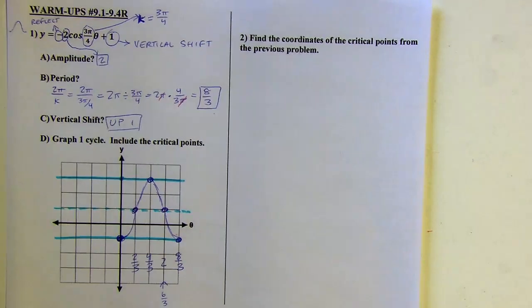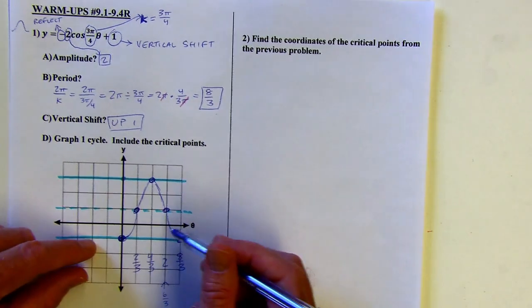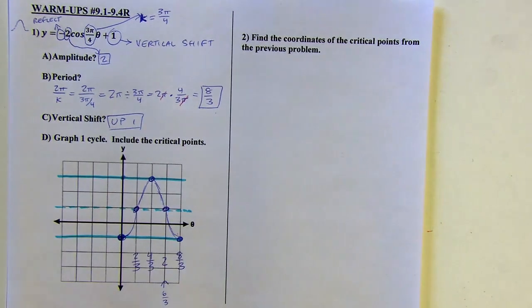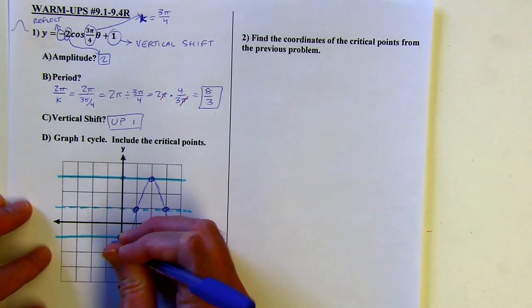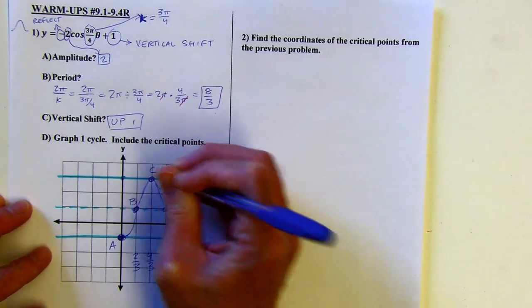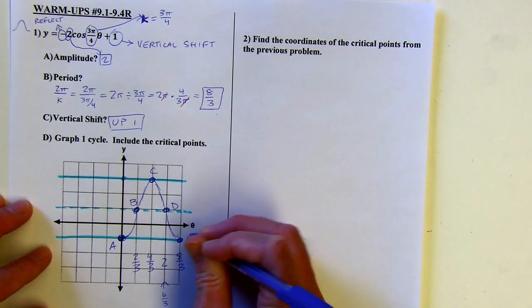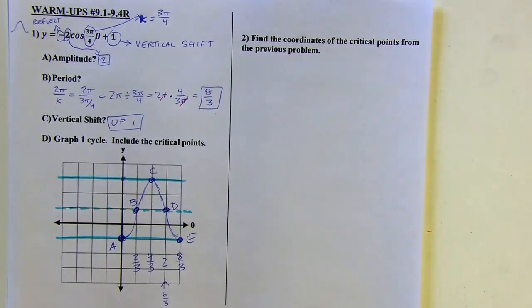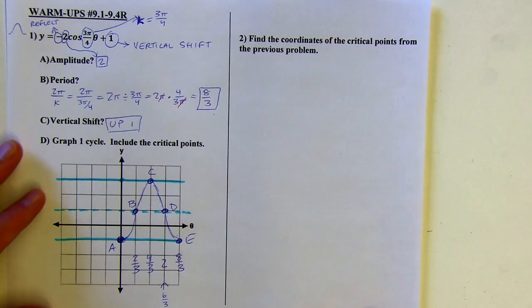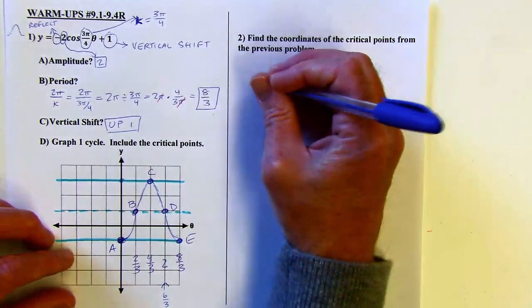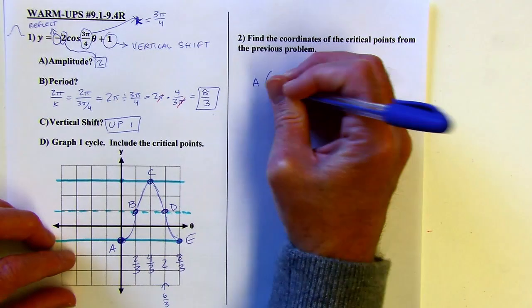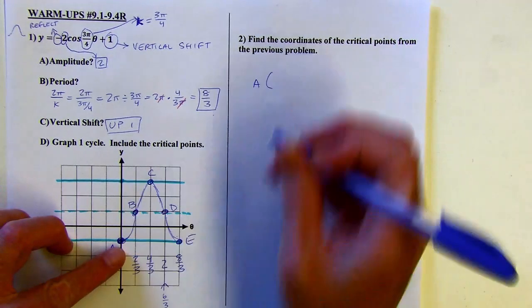And now I can get the coordinates for each of these points. Okay, so first I'm just going to label these points A, B, C, D, and E. So on problem number 2 over here, then I can find the coordinates of all those. All right, so point A, let's see, that's going to be at 0, -1, right?